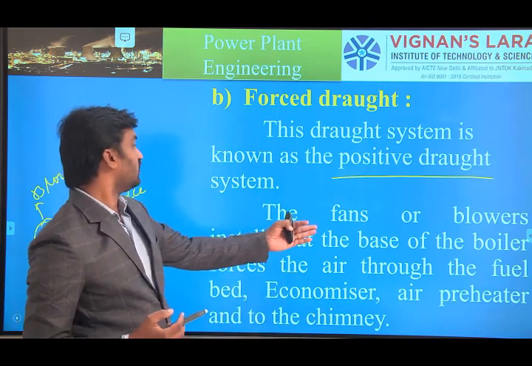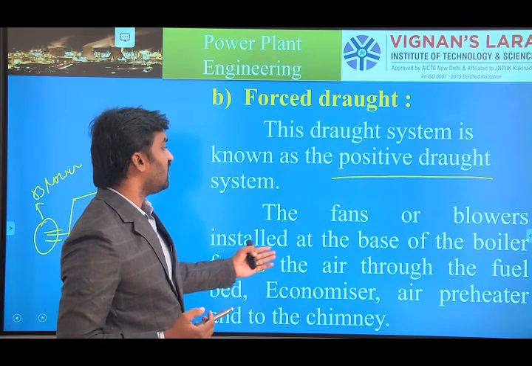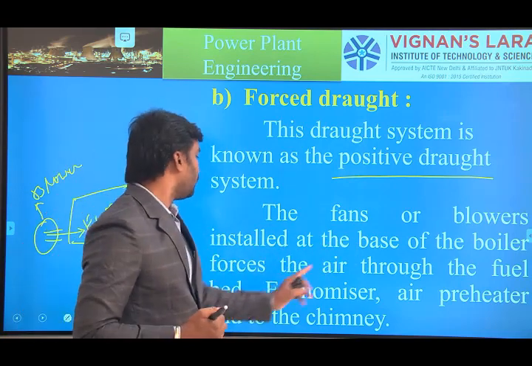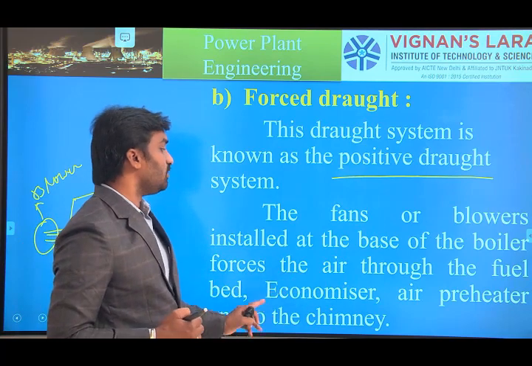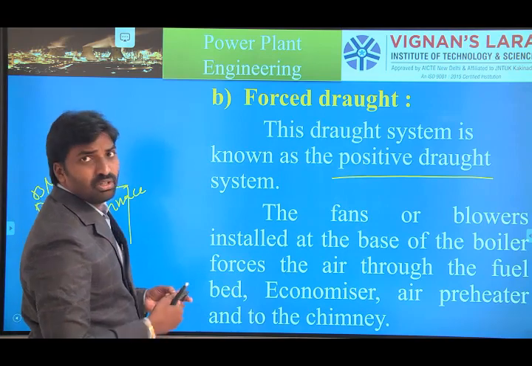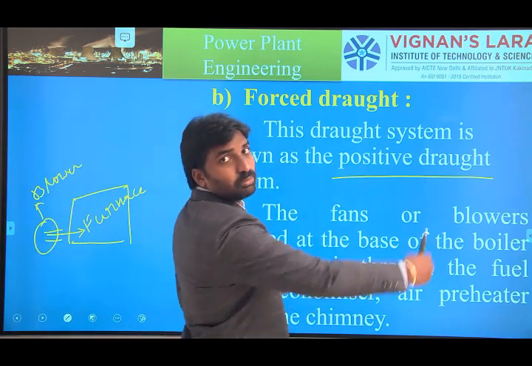The fans or blowers are installed at the base of the boiler, delivering air to the fuel bed, and the flue gas goes through the economizer and air preheater to the chimney. So it is a similar concept, and the process continues up to the chimney.